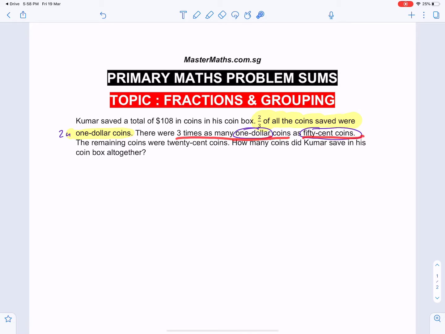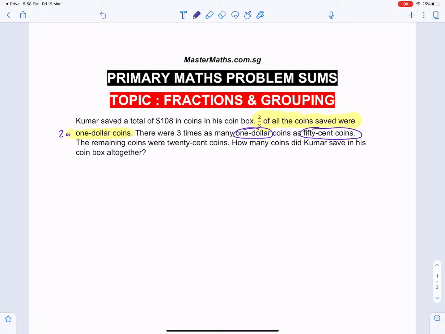So the $1 coin should actually have units that are a multiple of 3. Either 3 units here, 1 unit here, or 6 units here, 2 units here. It's always going to be 1:3. This $1 coin has to always be 3 times as many as 50-cent coins.